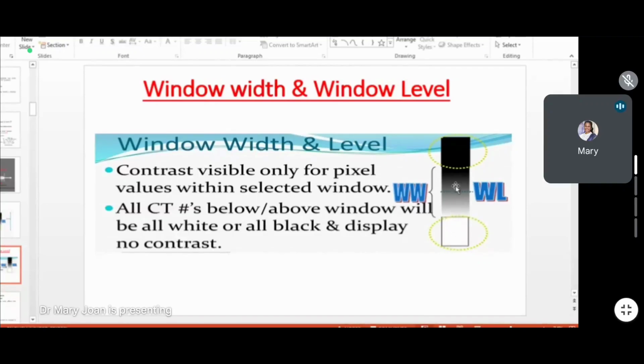Example is here. This is our window which we have selected. In this range we will be able to resolve between two different points. So there will be a contrast between two points in this window, whether it is high contrast or low contrast, and beyond the window it will be completely black or completely white, where there will not be any contrast between two different points.